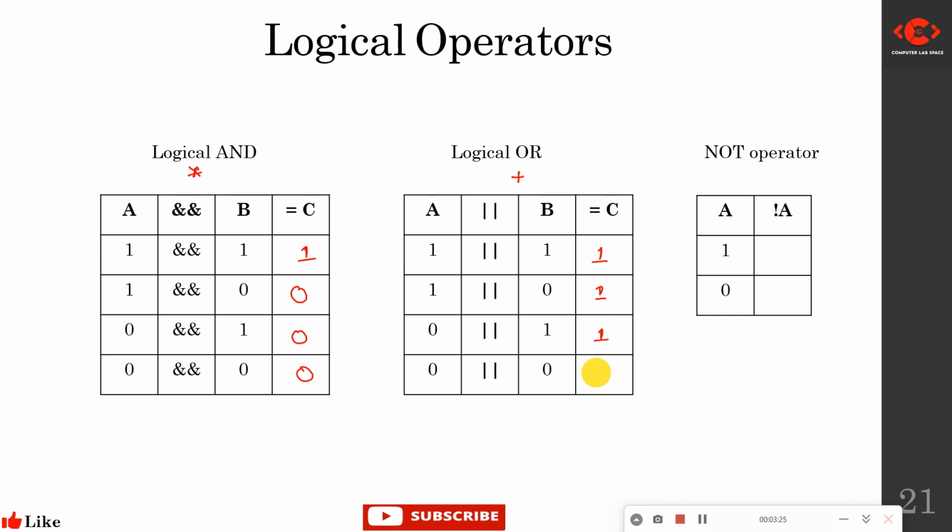When both are false, the result is also false. Not is just like a complement of this. So not of 1 is 0, and not of 0 is 1. For all these I will take up example programs in the upcoming videos. Is it clear?